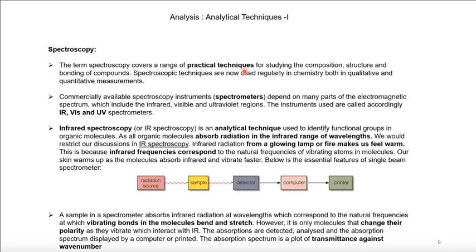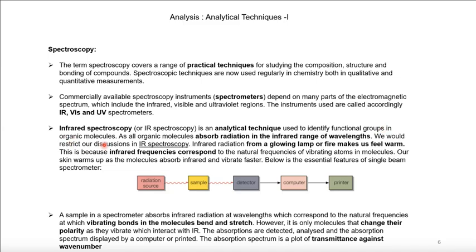Depending on the electromagnetic radiation, you can have instruments called IR spectroscopy, visible spectroscopy, and UV-visible spectrophotometers. So IR spectroscopy is an analytical technique used to identify functional groups in organic molecules.